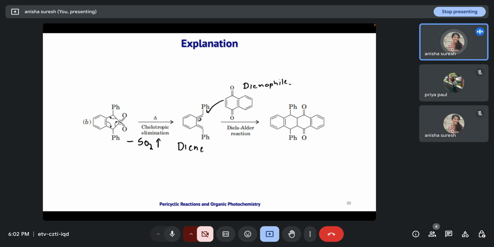So arrow pushing can take place in this fashion, resulting in the formation of this final Diels-Alder product. Okay.